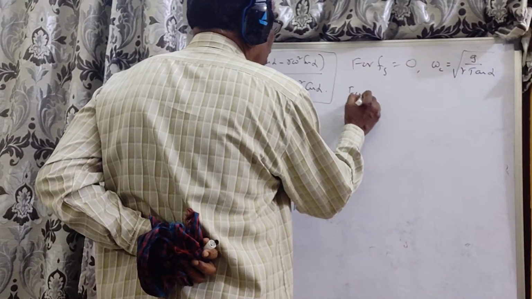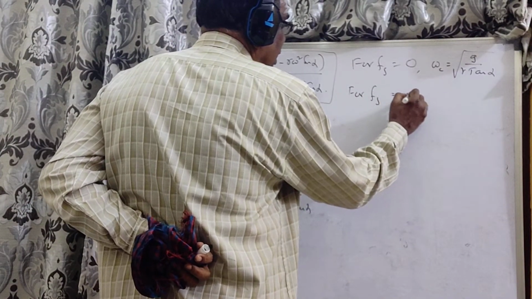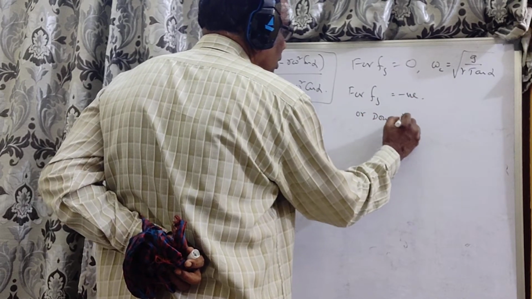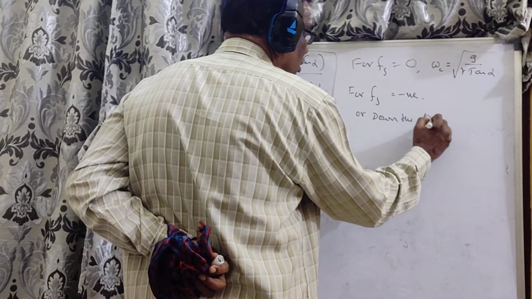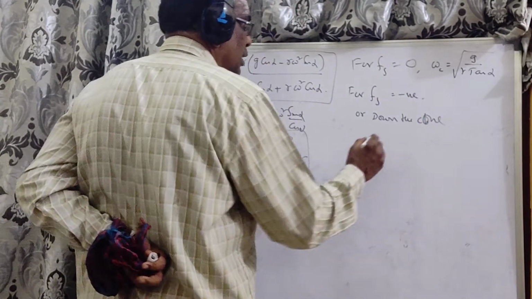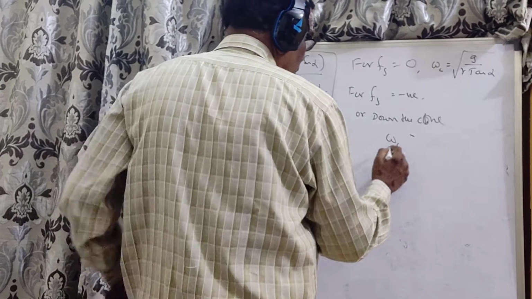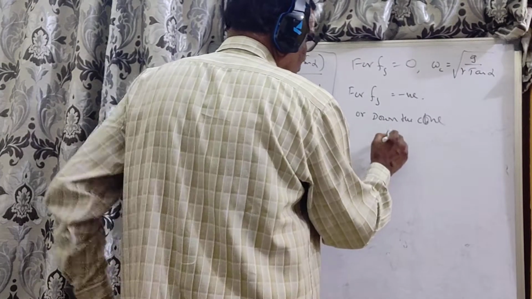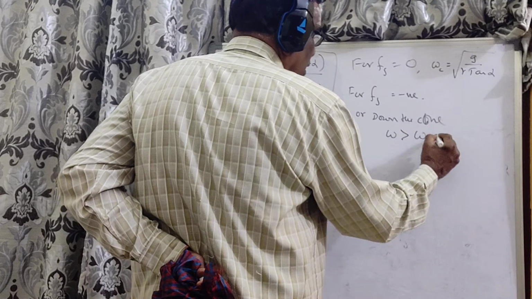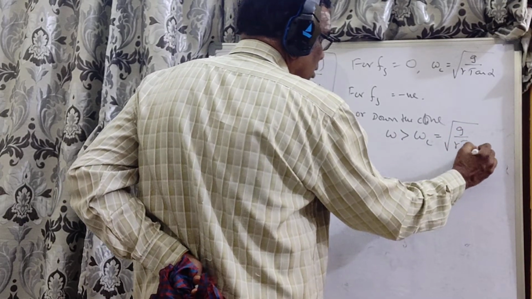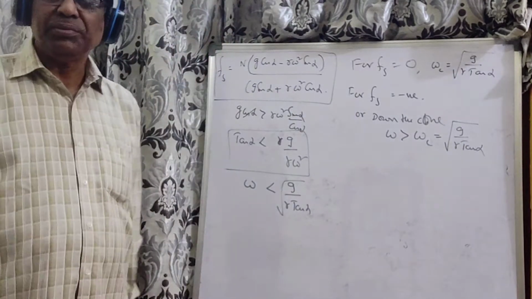And for Fs negative, down the cone, then omega must be greater than omega c equal to under root g by r tan alpha.